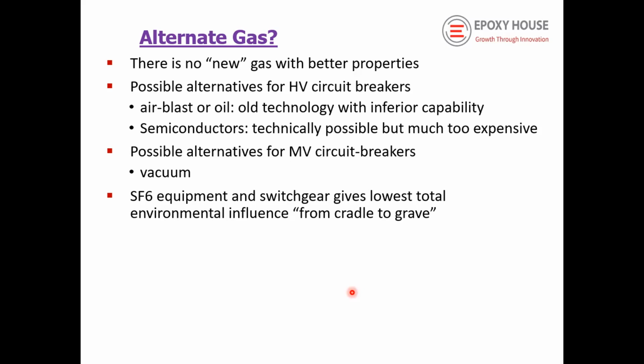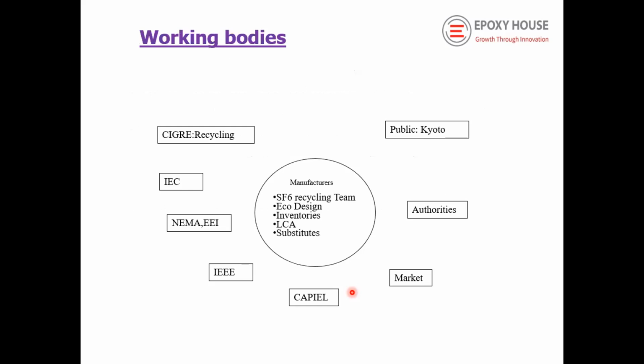There are available alternate gases. People have claimed that it is fully implemented in up to 300 kV application. So these are the working bodies who are controlling or giving guidelines for how to use the gas. This is fluorine-based gas, particularly CAPL. CAPL is the body, and it was basically a group work for the reduction of global warming potential gases.